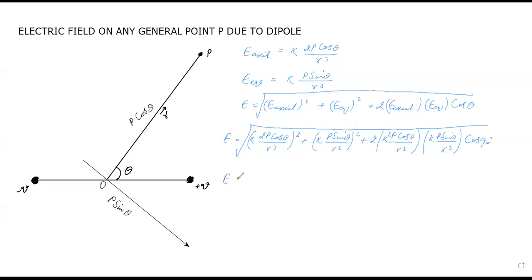And now E is equal to, you can look at here, Kp over r cube can be taken as common from this and this term.